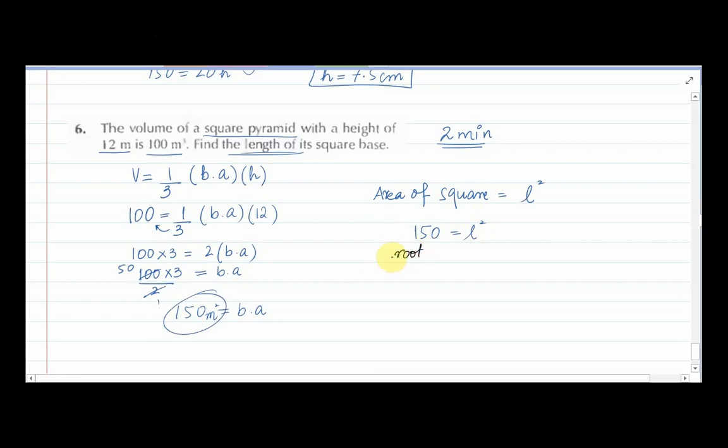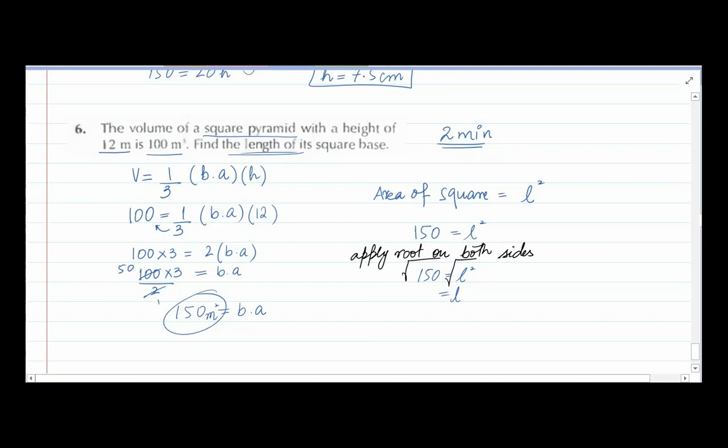So you need to apply root on both sides. So 150 is equal to L square. When you apply root on both sides, L is equal to the root of 150.